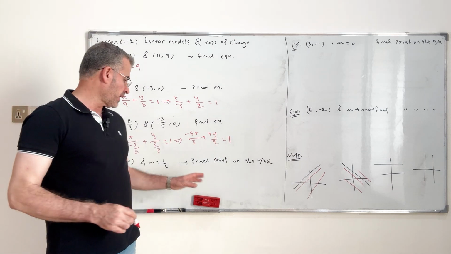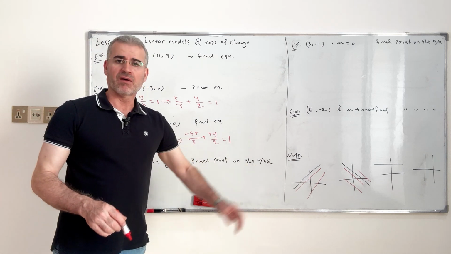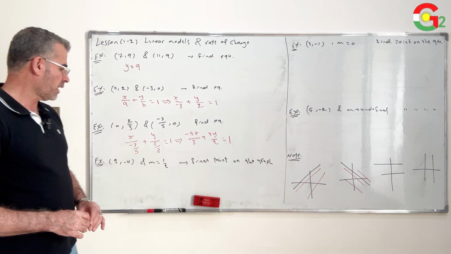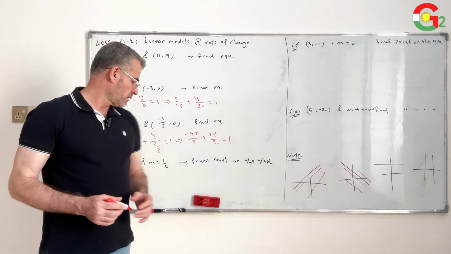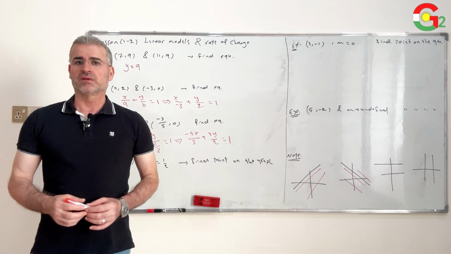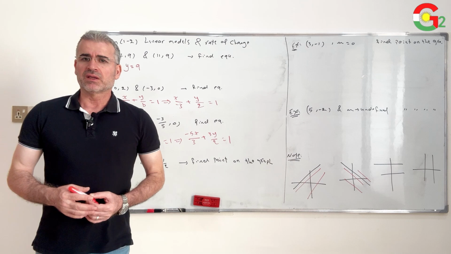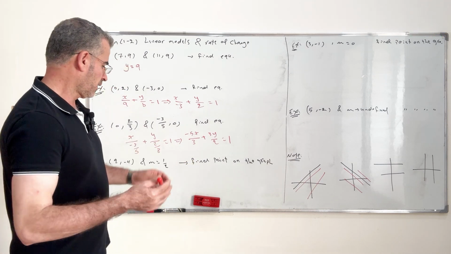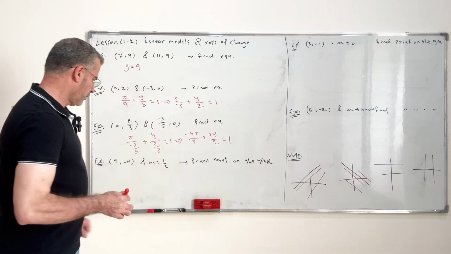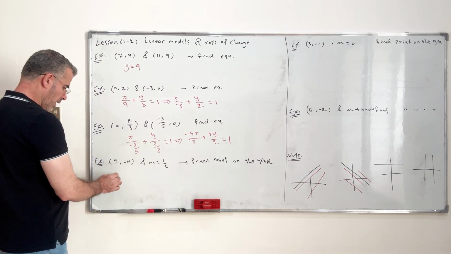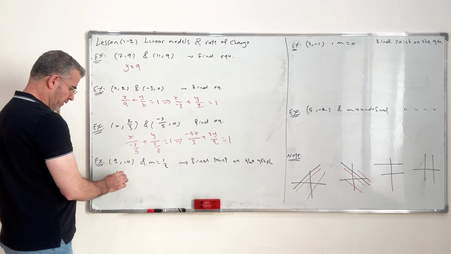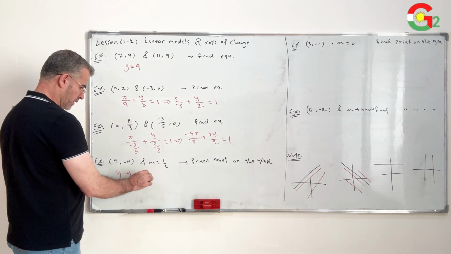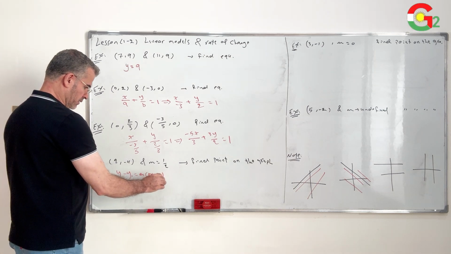Another example: find a point on the graph of the line passing through the point (2, -4) and has a slope of m = 1/2. If I want to find another point on this graph, I must find the equation first, then I can find many points on it. I'll apply the point-slope form, y minus y1 equals slope times x minus x1.